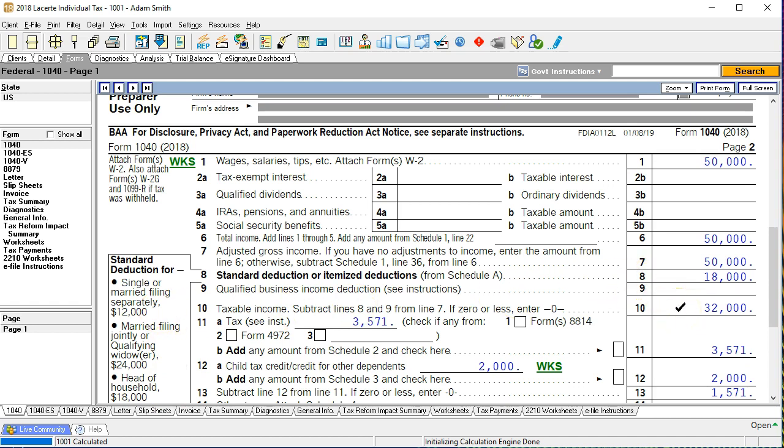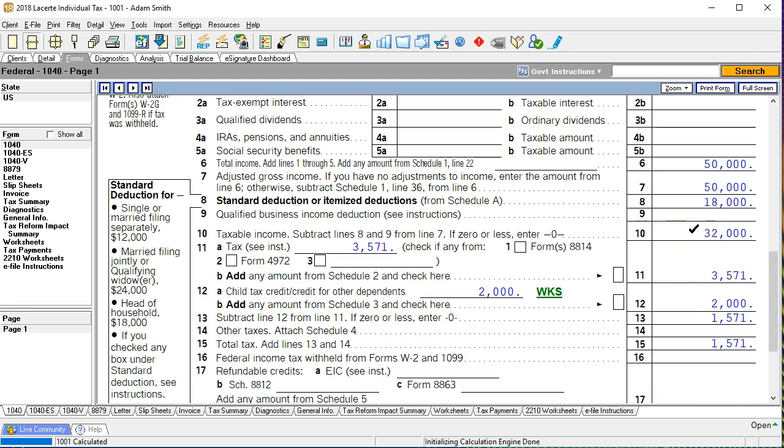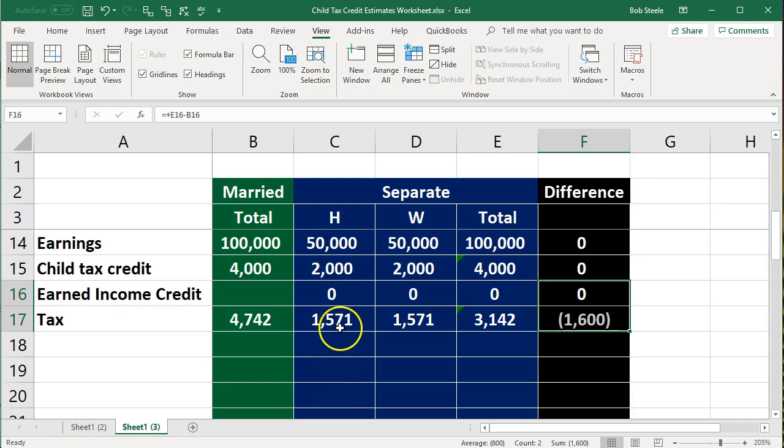That brings the taxable to 32,000, the tax at 3,571. And then here's the credit of 2,000 that they each have, bringing the amount to 1,571.